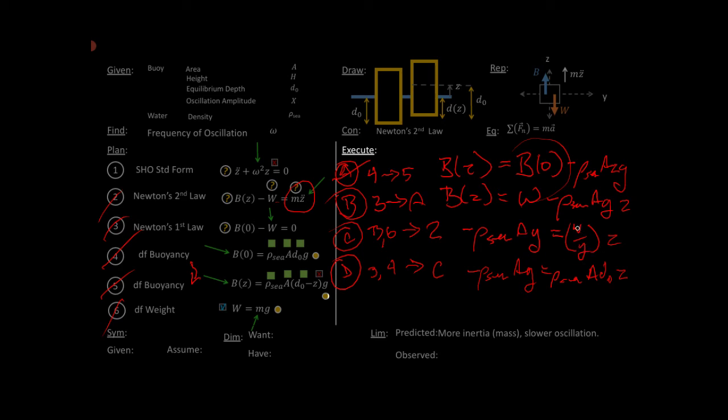So we've just said, well, the weight is equal to B0, B0 is equal to this thing here, ρsea A d naught times G. And then we divided out the G. So that gives us something there.